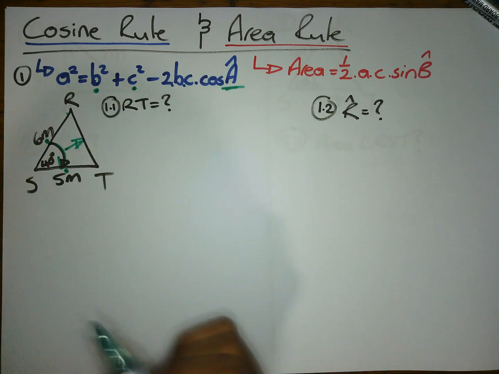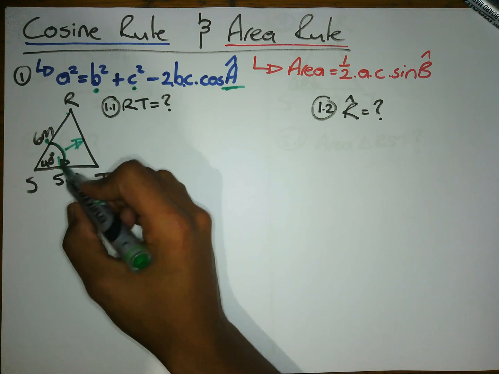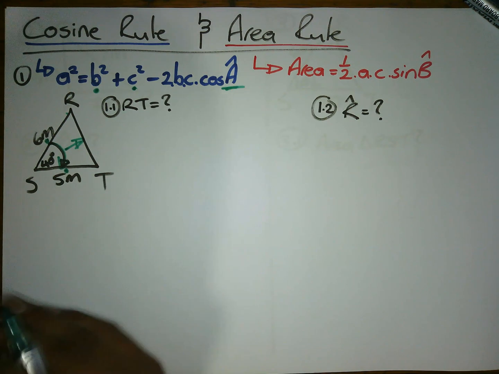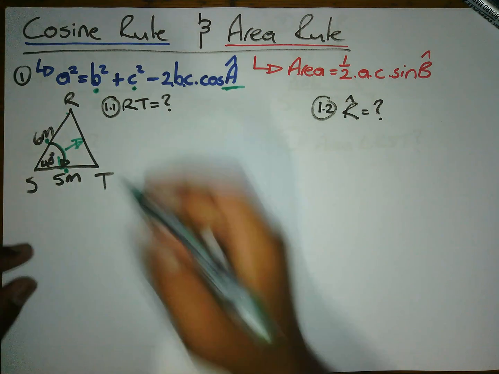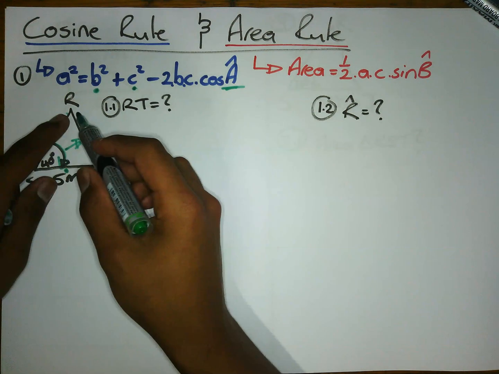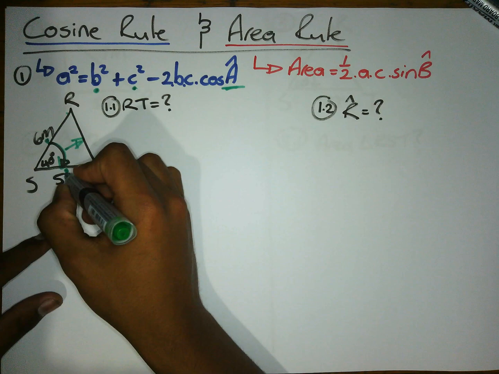Alright, so I need a side, angle, and a side. Side, angle, side with the cosine rule. But let's put it in the letters we have, alright? So this is a capital S, capital T, and a capital R. So directly opposite this R, we have our small r.